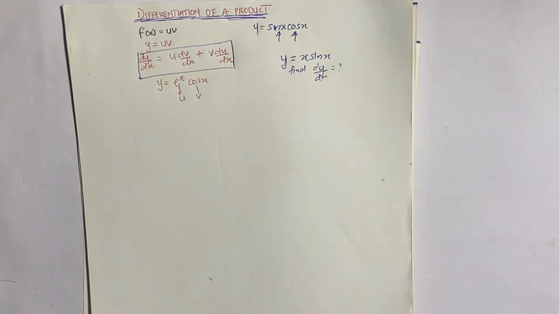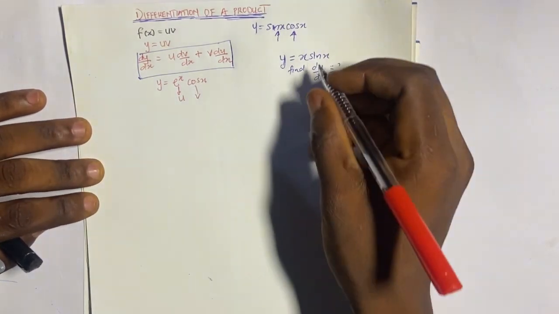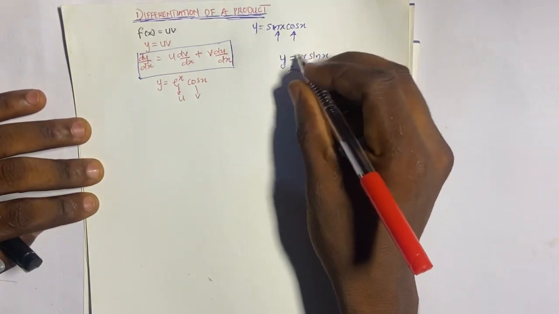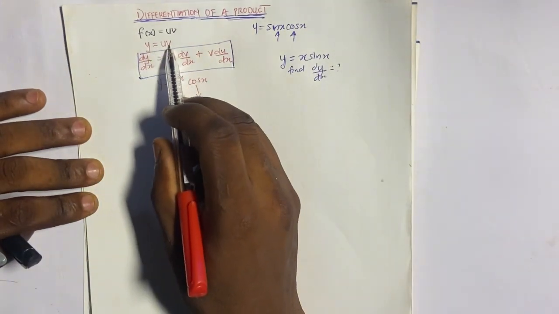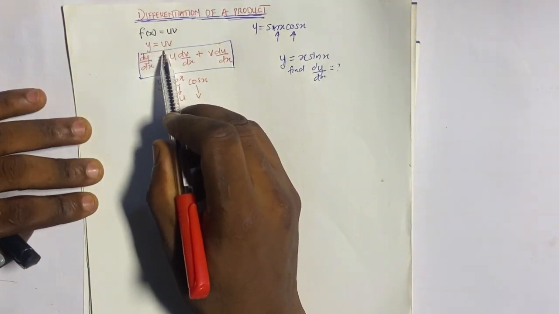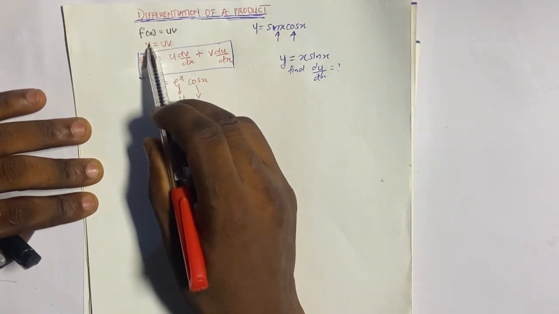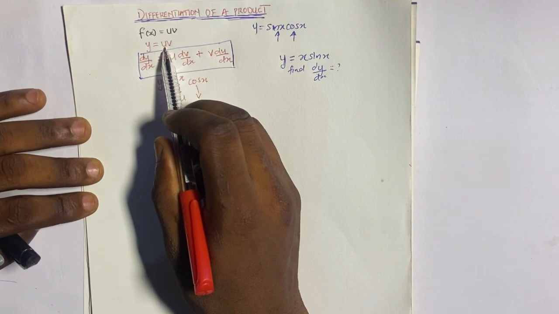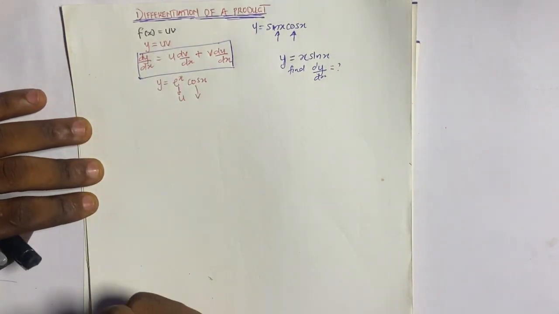So first thing you need to take note of is that we have x here and we also have sine x. This expression is the same thing as writing y equals uv, where u is a function and v is also a function. This y is a function that depends on u and v, which in turn depend on the function of x.